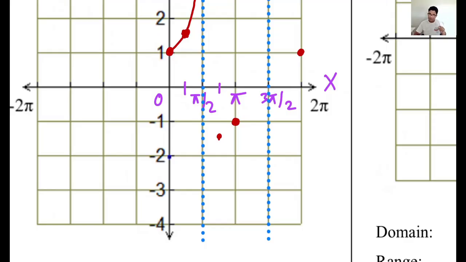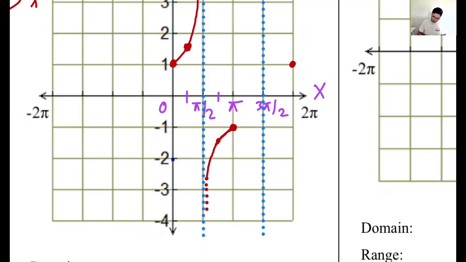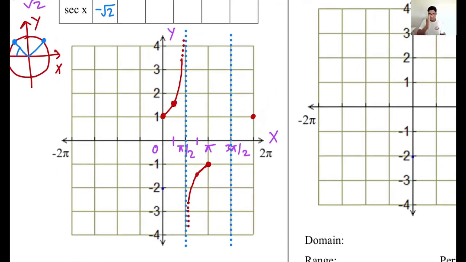Which infinity now? Because these are continuous in this region, it would make sense to predict that this should be the graph. So you see, the asymptote is at pi over 2.